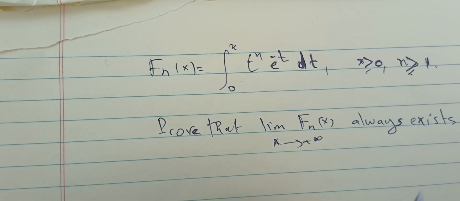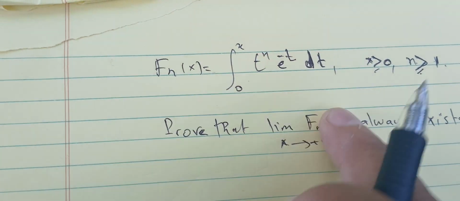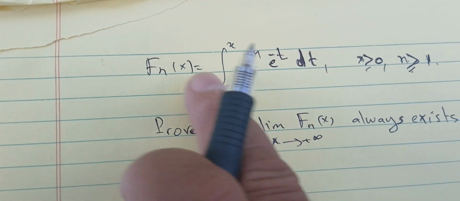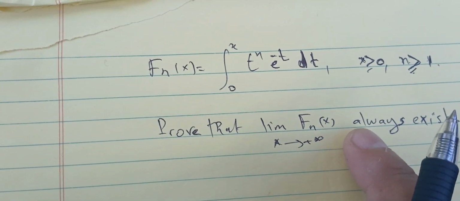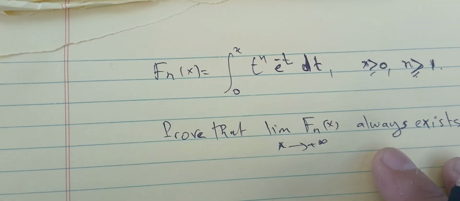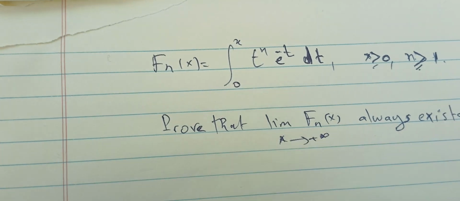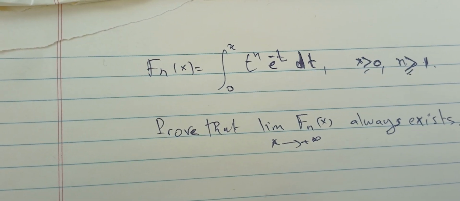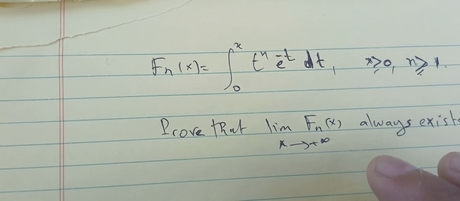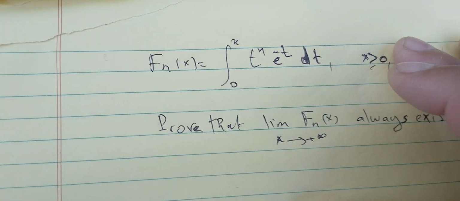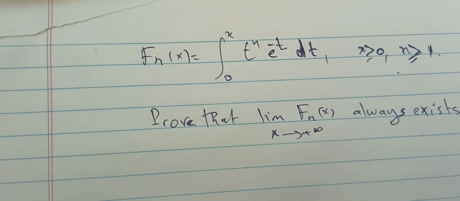In this case we obtain 1. When n is 1, the value of this limit is 1. When n is 2, the value is 2. When n is 3, the value is 6. You can try that and work it out by yourself.